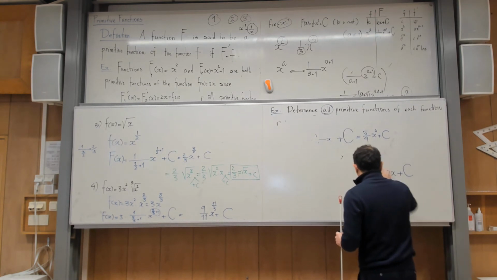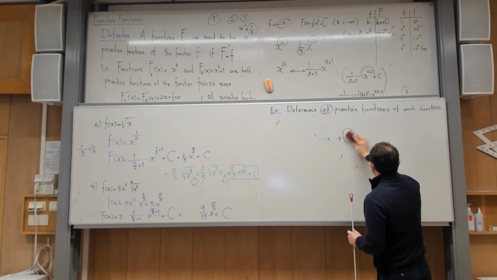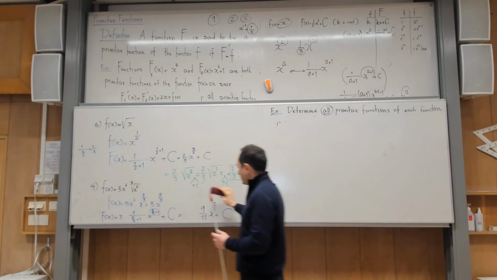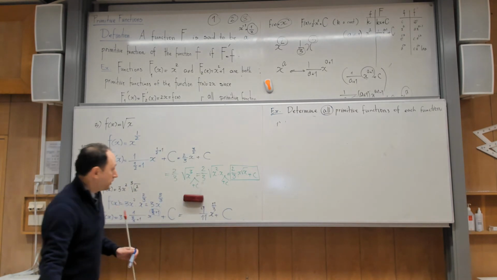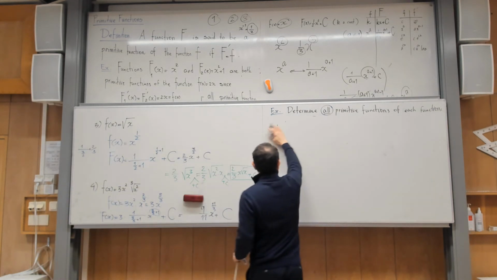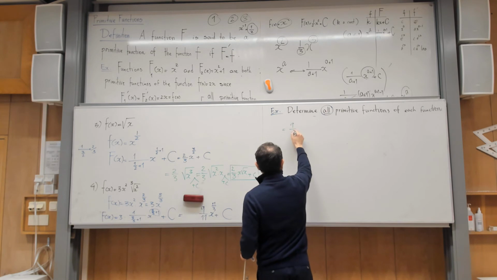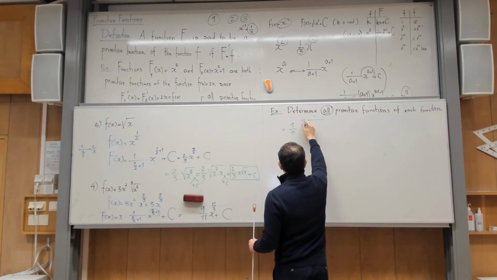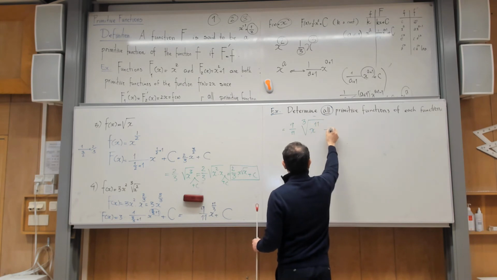I prefer to write things in root form rather than fractional powers, but of course, that's up to you. If you want to continue, which is optional, you just write 9/11, and then instead of that one, you write the third root of x to the power of 11 plus a constant.